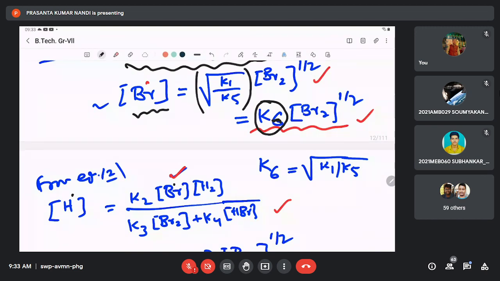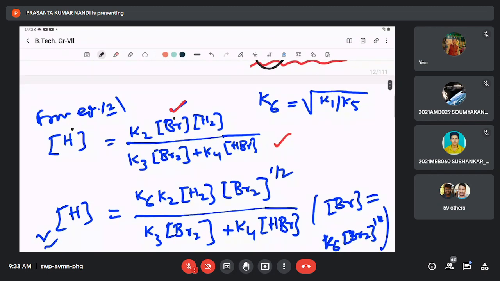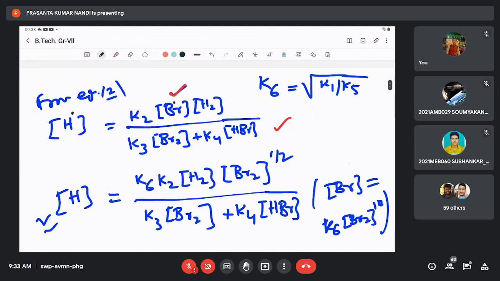So we now substitute the expression of bromine free radical concentration in the numerator, that is K6 [Br2] to the power half, and simplify. And ultimately you get an equation like this, where we have substituted bromine free radical equal to K6 [Br2] to the power half.